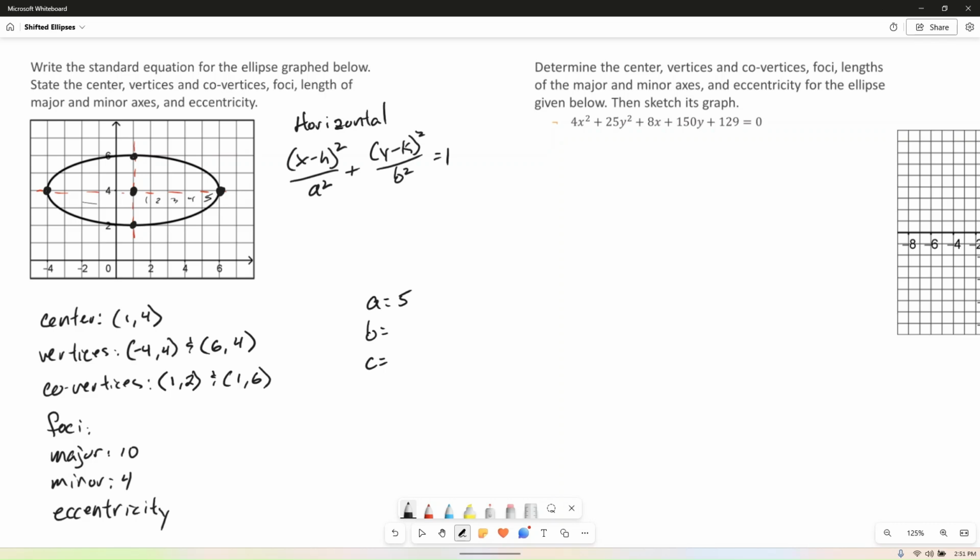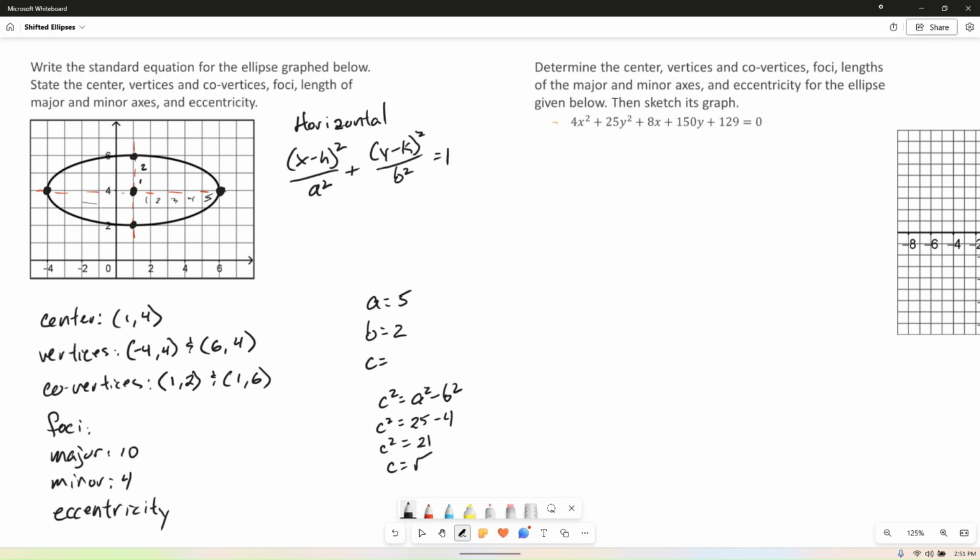b is the distance from the center to one of the co-vertices. And that's a distance of 2, because the co-vertices are 4 units apart. And same thing, the major axis is a length of 10, so the a value is half that, or 5. To find c, again, we know c squared is a squared minus b squared. So c squared is going to be 25 minus 4. c squared is going to be 21.